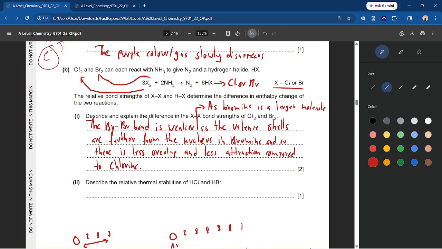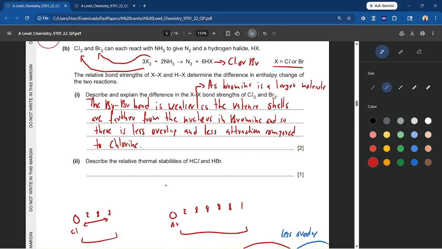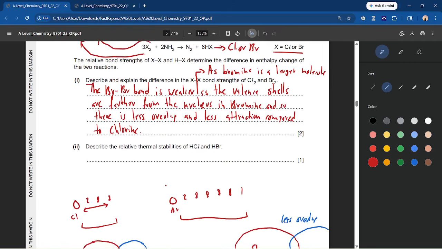Describe the relative thermal stabilities of hydrogen chloride and hydrogen bromide. So again, we just mentioned that the bromine-bromine bond is weaker. So it stands to reason that the hydrogen-bromine bond would also be weaker. Let's say this is hydrogen, and hydrogen only has one electron over here, and chlorine will be over here.